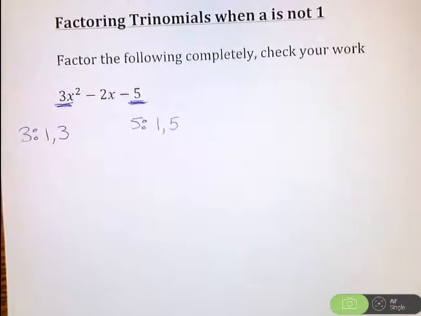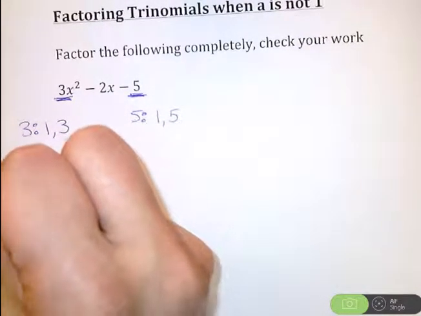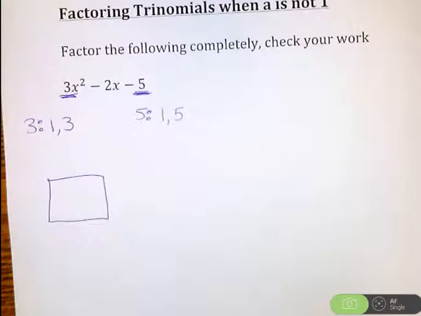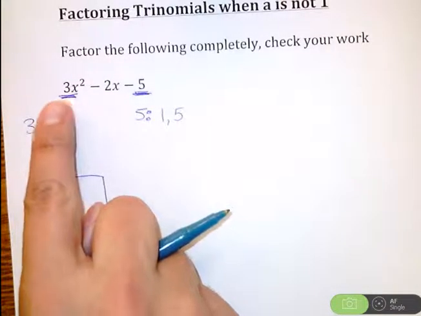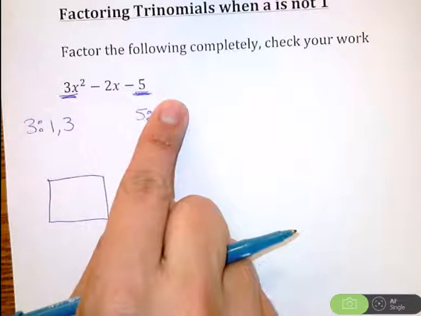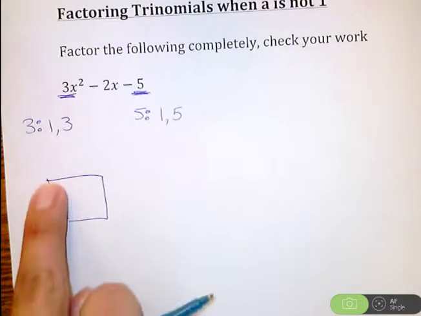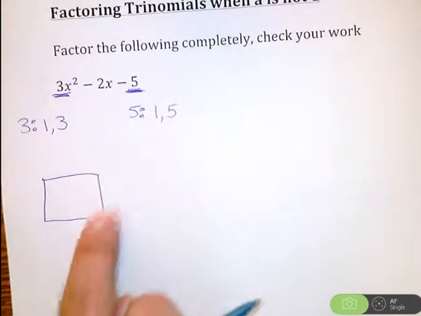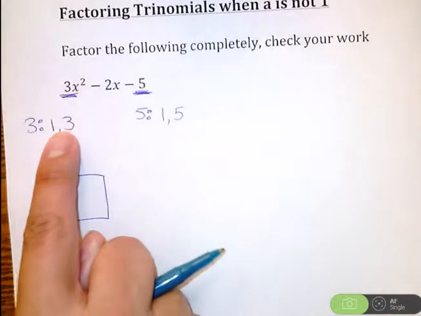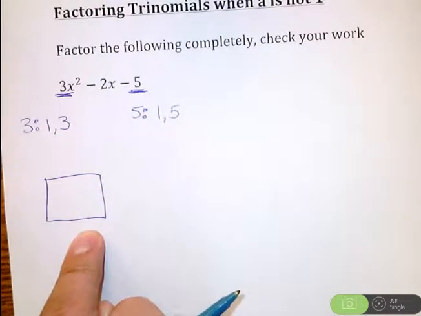Now here's what we're going to do with the box method. As it's called the box method, you need a box. Consider this the front and this the back. The front being to the left, the back being over here. So front numbers will stay in the front, back numbers will stay in the back.